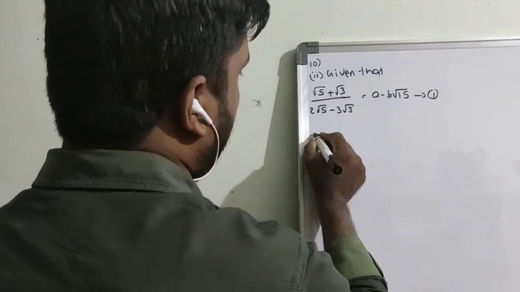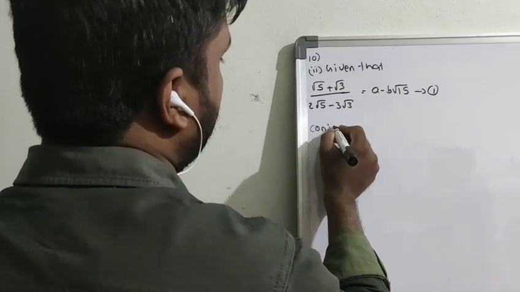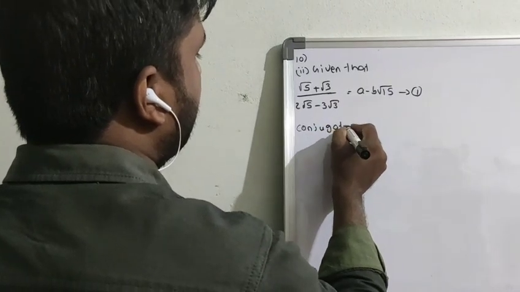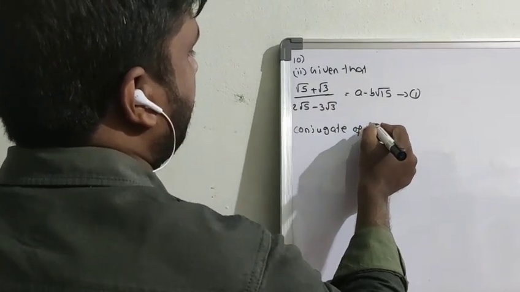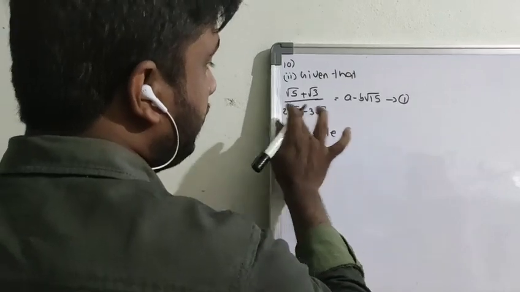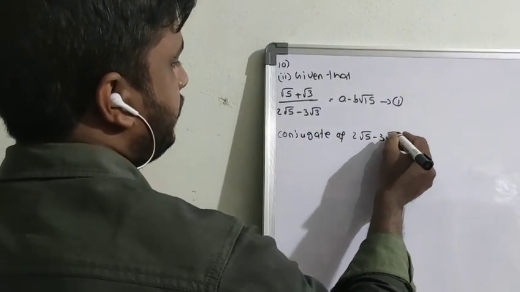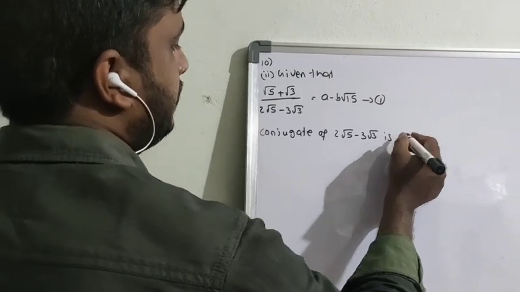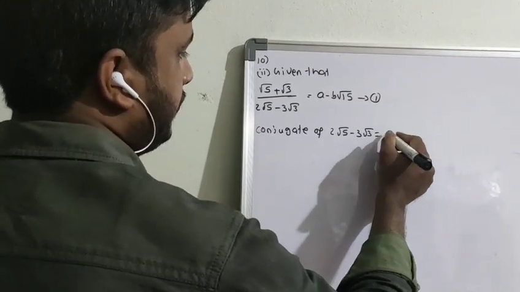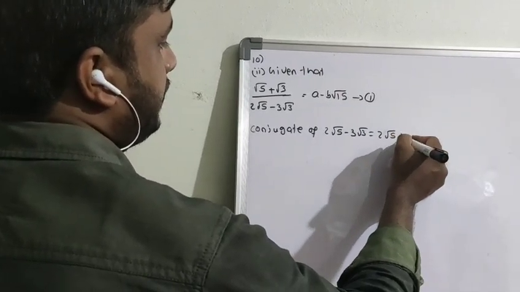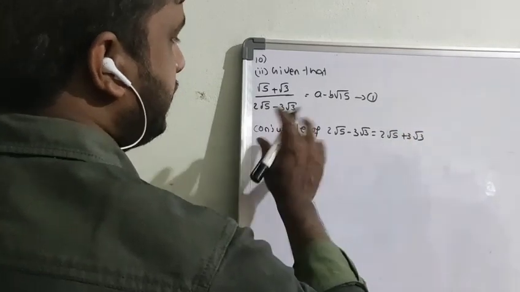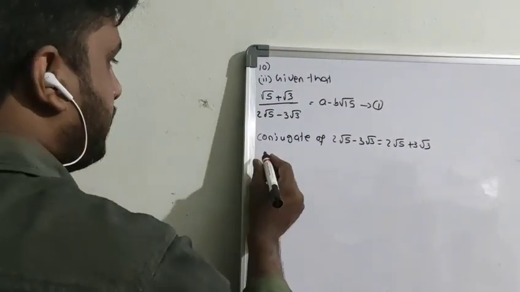Therefore, which conjugate? The denominator's conjugate. The conjugate of 2 root 5 minus 3 root 3 is 2 root 5 plus 3 root 3. Already we discussed how to do rationalizing.